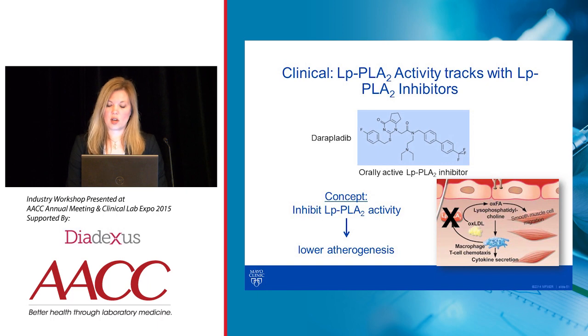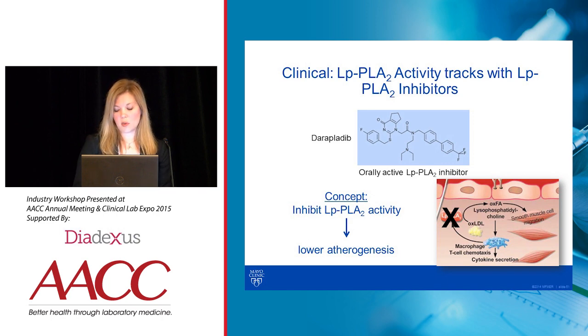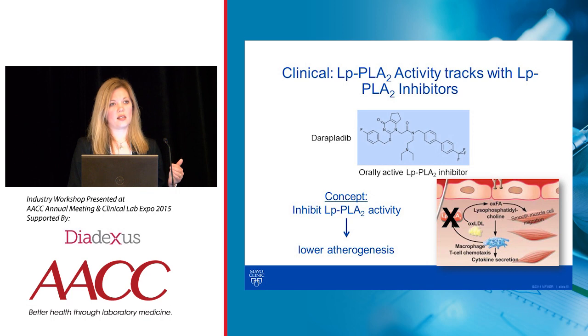So let's start with the inhibitor of LP-PLA2, which was presented before. The idea here is that the small molecule inhibitor will actually inhibit the enzyme activity such that the enzyme is not producing those pro-atherogenic moieties from oxidized phospholipids. And so the idea is that if you can inhibit the enzyme, you inhibit the atherosclerotic process and lower eventual events.